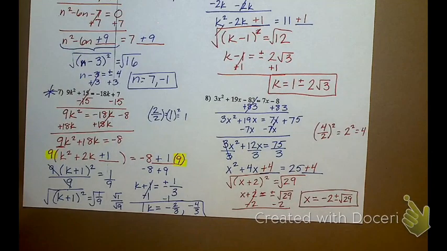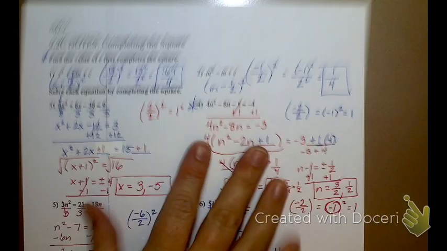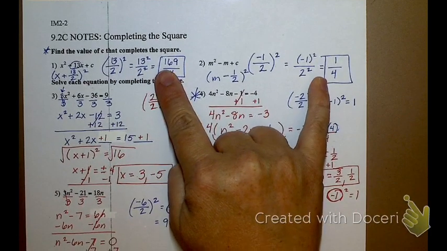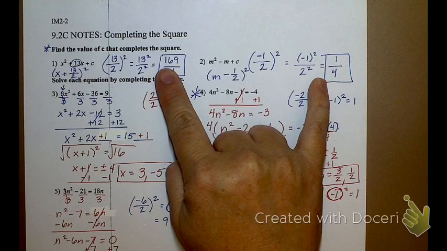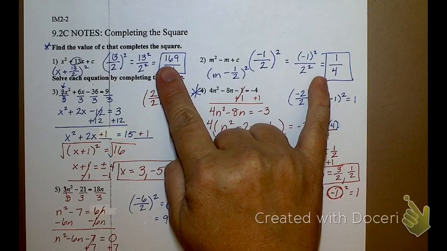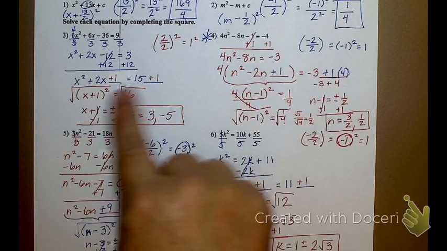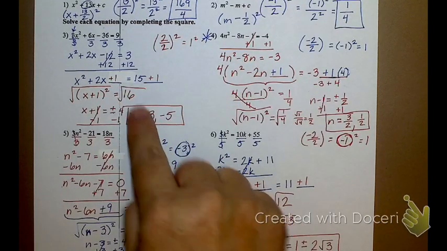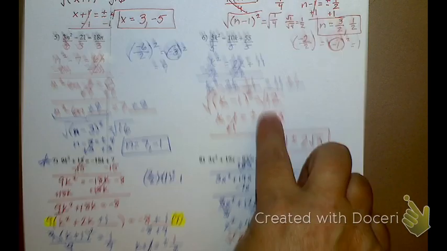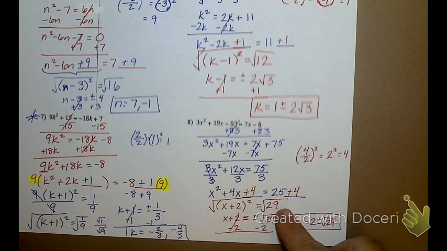Okay? Now, this stuff is not easy. However, let's think about this for a minute. You should be able to handle 1 and 2. If you're doing okay the past few days, number 3, number 5, number 6, and number 8 should not be difficult for you.